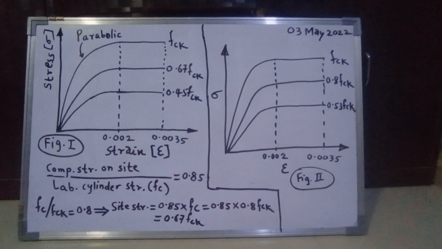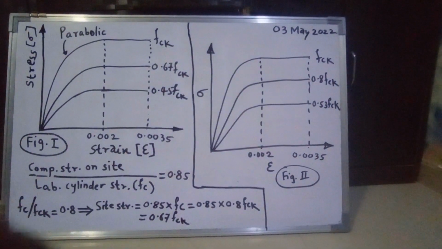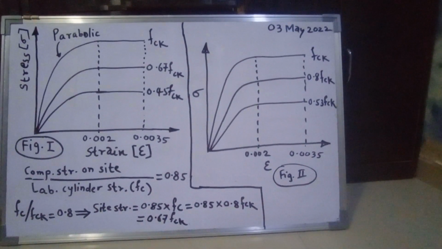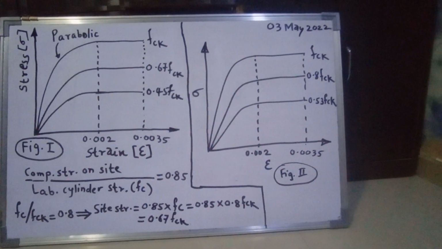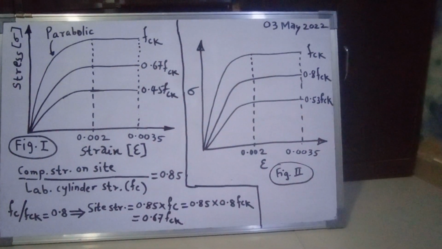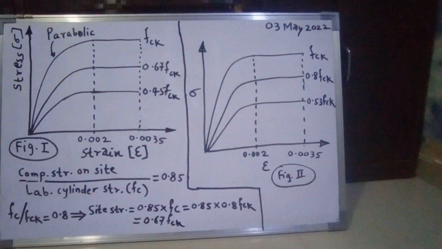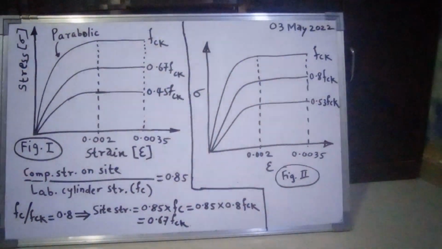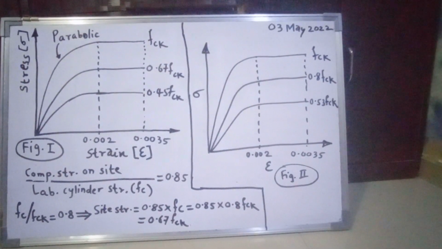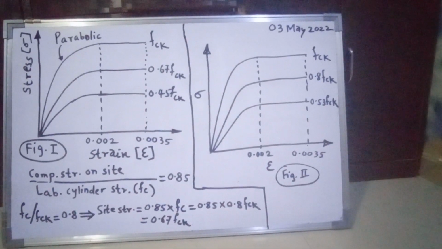Now what I have done, coming to figure number 2 on the right, just as a random thought, is that the top curve is the same, that is FCK, but then look at curve number 2 of figure number 2 on the right side. Instead of 0.67 FCK, I have written 0.8 FCK because anyhow we are going to apply the partial safety factor of 1.5 afterwards.